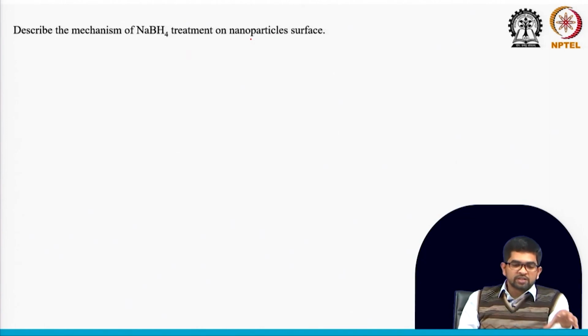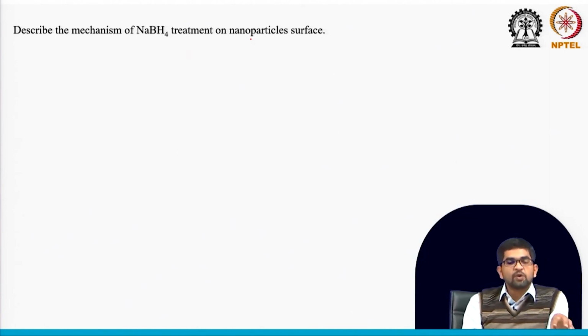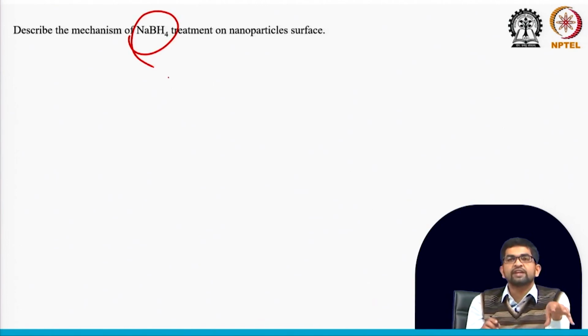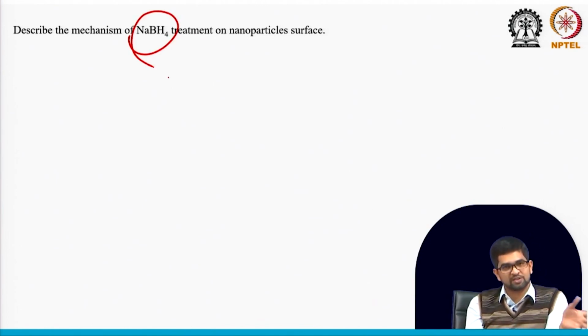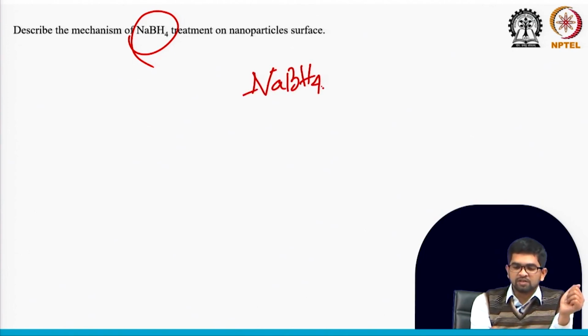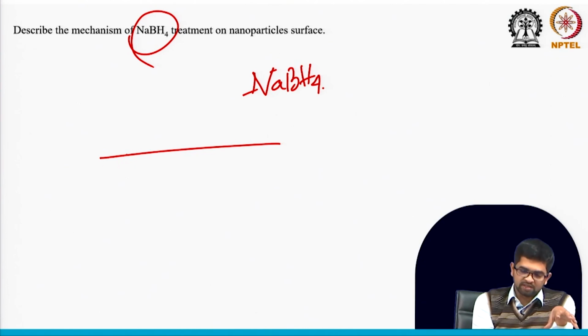Okay. Now, next question. This is a very important class I took last time, sodium borohydride treatment on the nanoparticles and using them for biosensing applications, right. You just remember NaBH4. So, if you want to treat some nanoparticles, suppose you want to treat your gold nanoparticles, right.